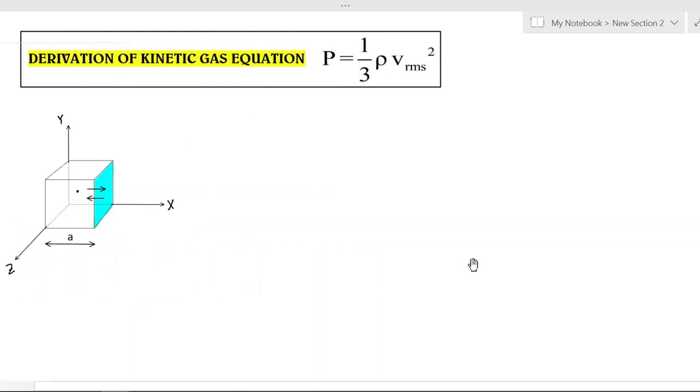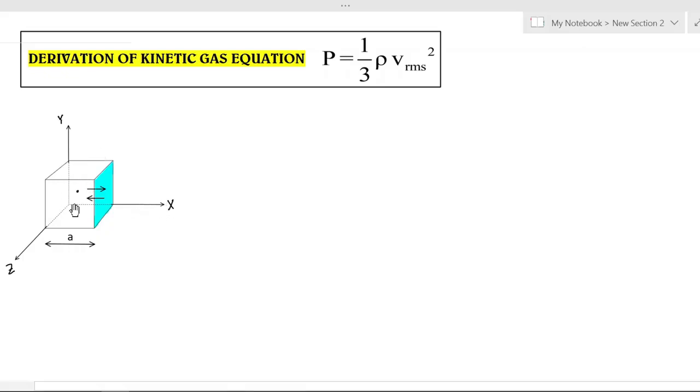In order to do the derivations, we need to draw this figure. What is this figure actually? I'm clarifying, so please try to understand. All we are doing is assuming a cubical container of a gas in three-dimensional space, that is, in the space between the x, y and z axes.